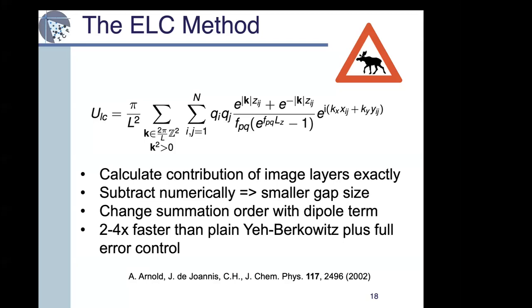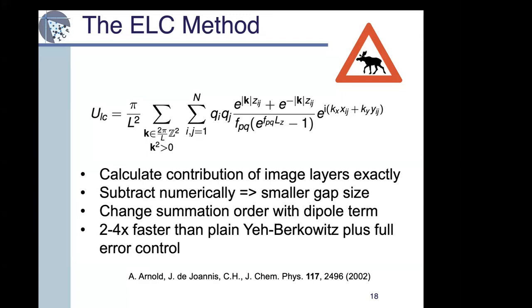You still need a separation between the slabs, like in Yeh-Berkowitz, but the separation can be made much smaller. And so it's typically 2 to 4 times faster than plain Yeh-Berkowitz. Plus you have full error control, plus the artifacts near the interface are much more diminished, because Yeh-Berkowitz has the problem that especially at the interfaces, this is where the error becomes largest.